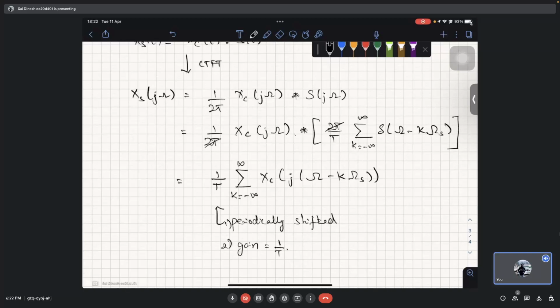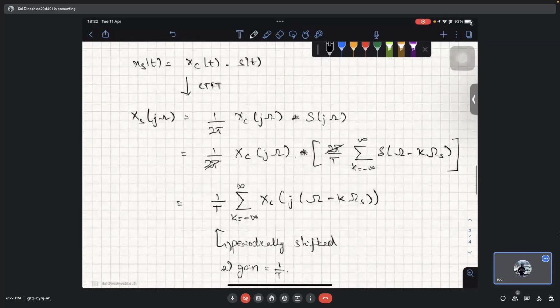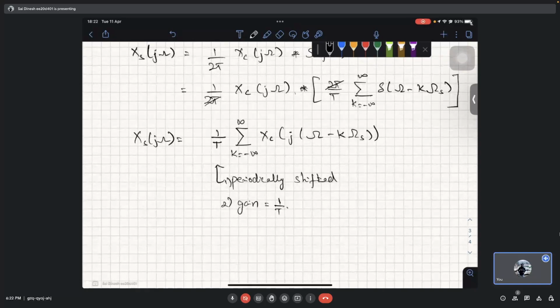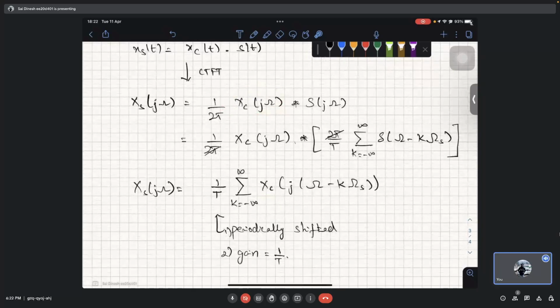right? So this is the relationship between the Fourier transforms of the input and output of the impulse train modulator. Right now this states that the Fourier transform of xs, which is this, consists of periodically repeated copies of Xc of j omega, which is the Fourier transform of xc of t.